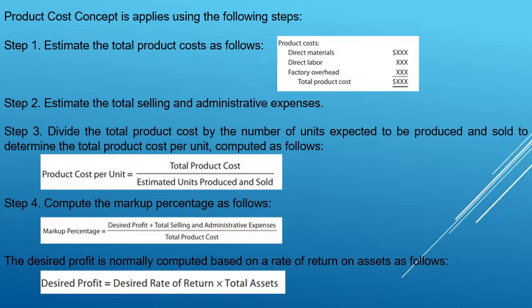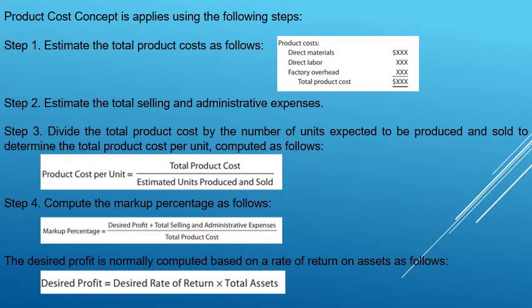Third step would be dividing the total product cost by the number of units expected to produce or sold to determine the total product cost per unit. So it is the product cost per unit. So we have to divide total product cost with the estimated units produced and sold.